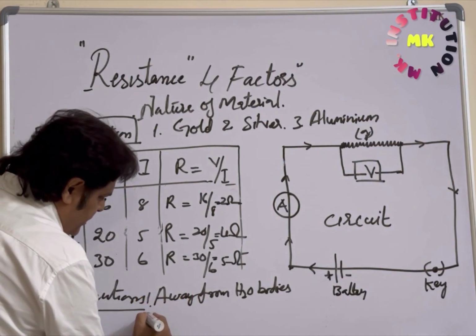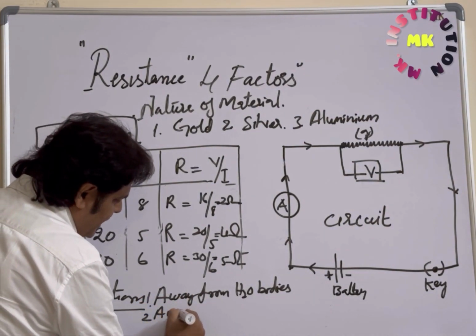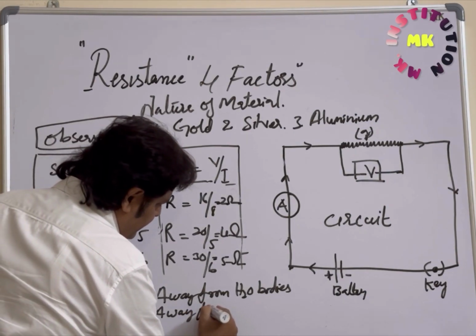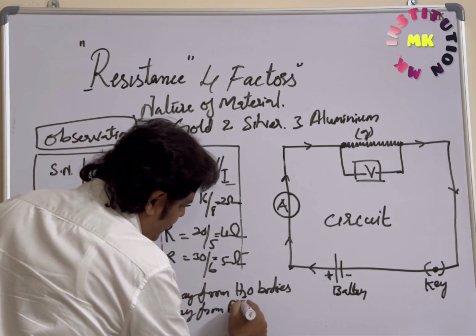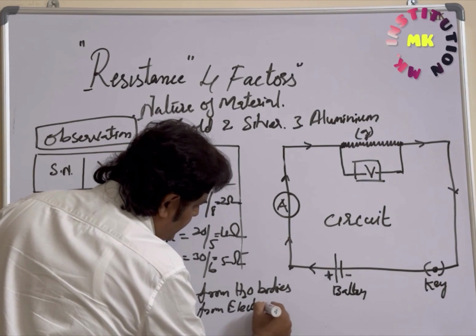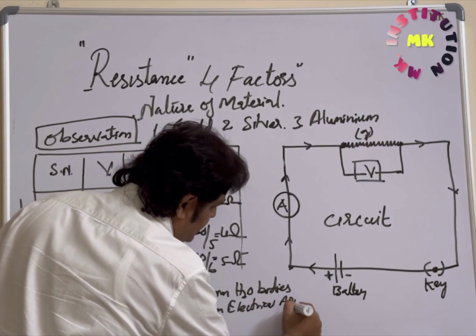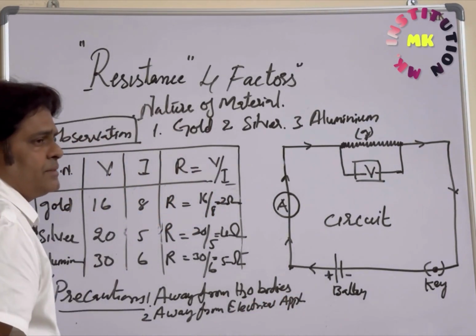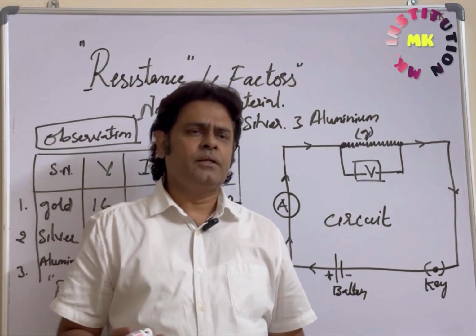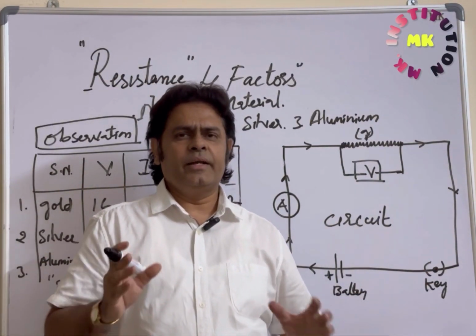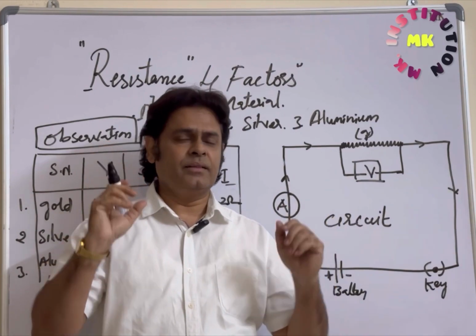Okay, second precaution here, it should be away from electrical appliances. What are the electrical appliances here? Fridge is there, a big heater is there, or any instrument which has a magnetic field in it.